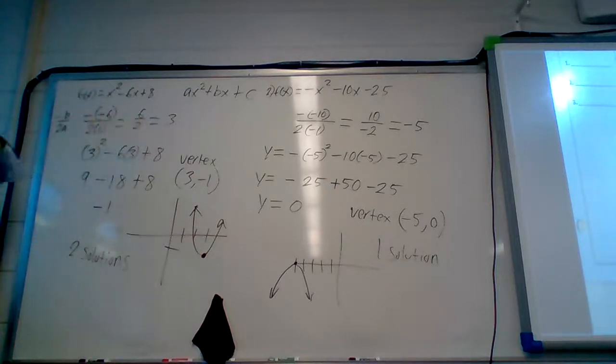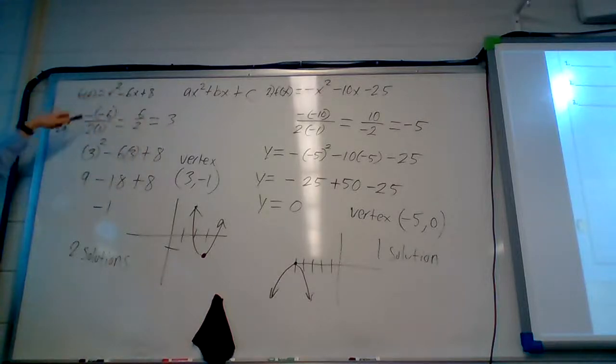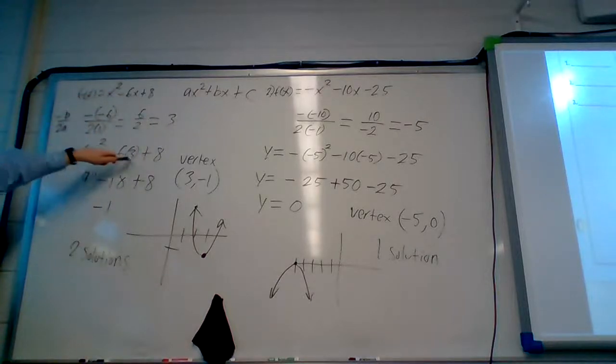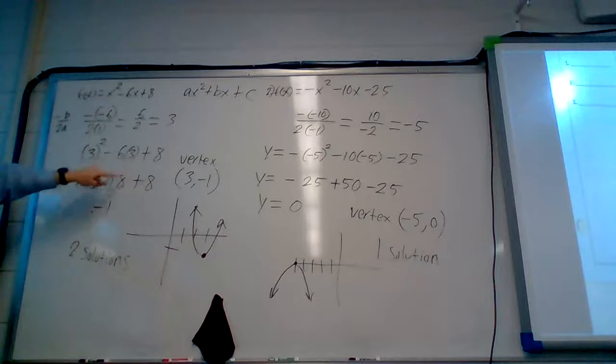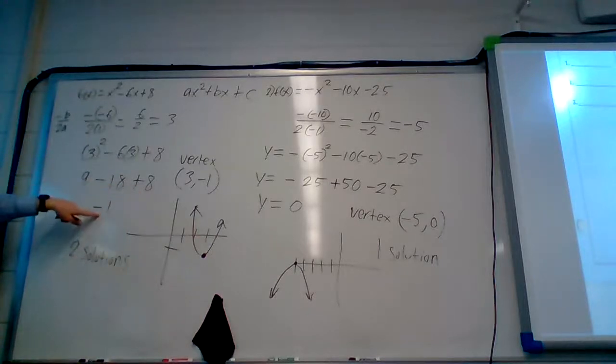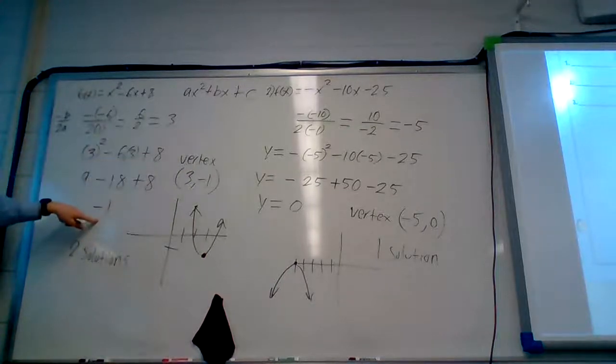So we got 3. We take that 3 and we replace our x's in the equation with that 3. Then we just started simplifying as much as we can. 3 squared gets you 9. 6 times 3 gets you that negative 18. And then combine our terms, we get that negative 1. So our vertex was at 3, negative 1.